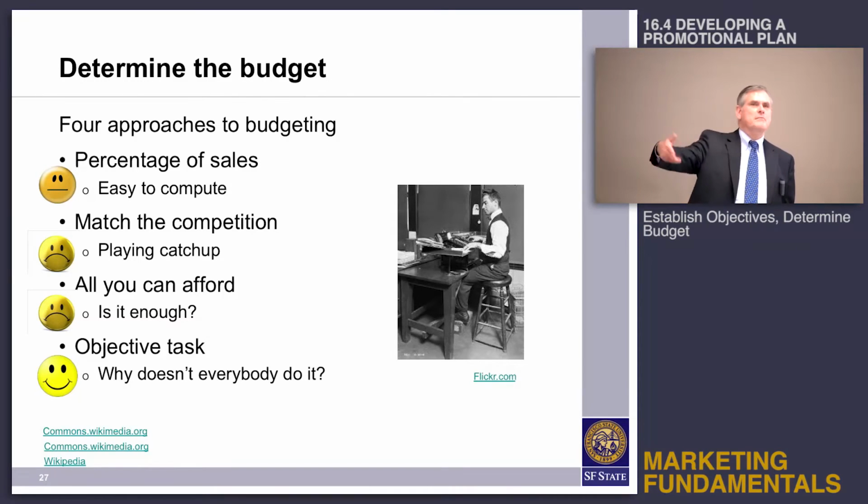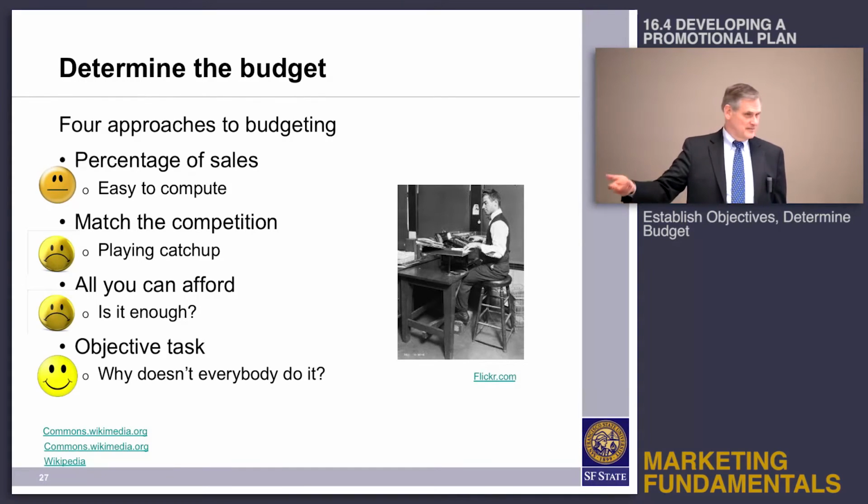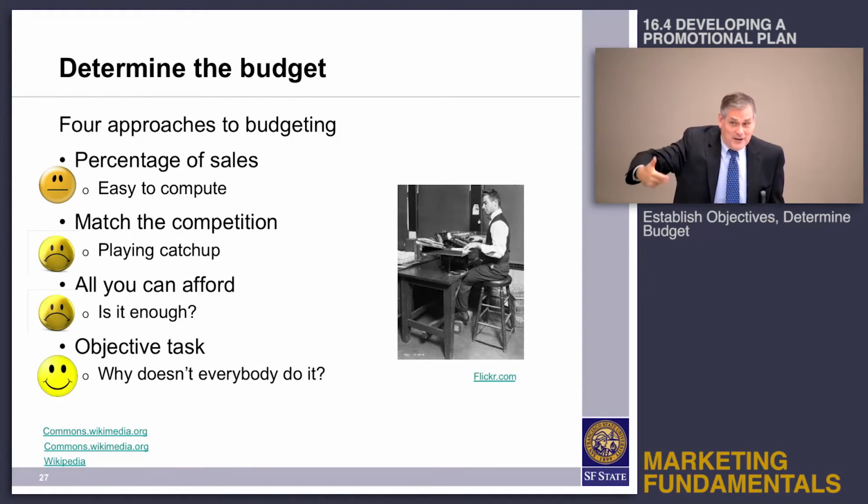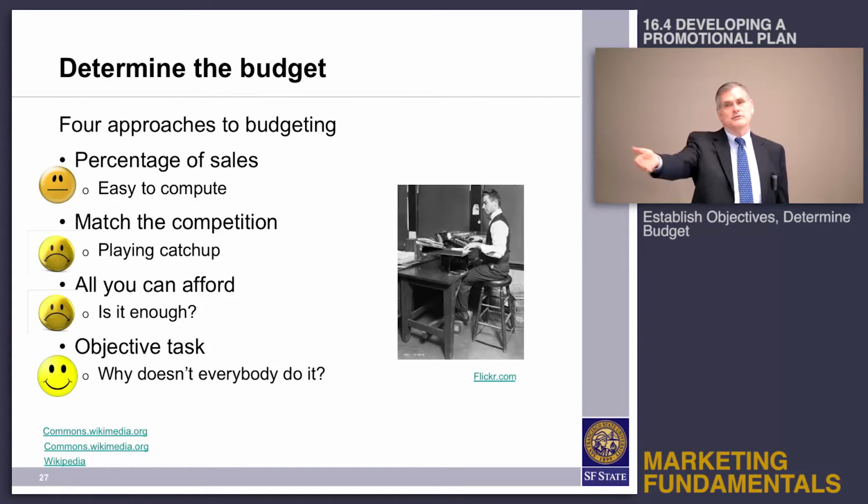May or may not be relevant. So we're just talking about budget now, not whether you're spending the money wisely. But you're really close. May or may not be appropriate, adequate, enough. May or may not be enough to do what you want to do. If I want to get 30% awareness in my target audience and I've only got $500 to spend because that's 5% of sales, ain't going to happen.